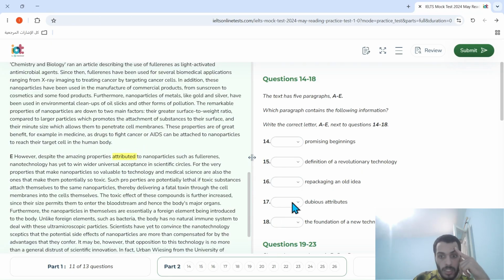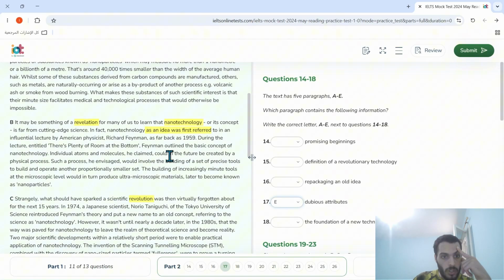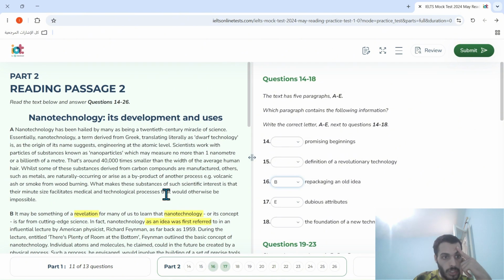This is E. Repackaging an old idea. This is B. Okay, B. Definition of revolutionary technology. Revolutionary technology.